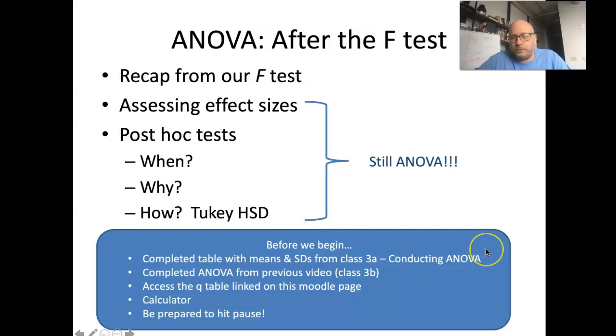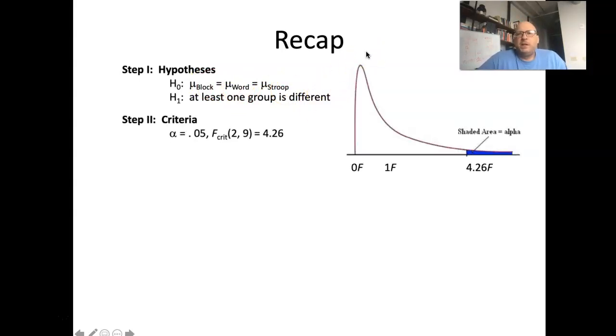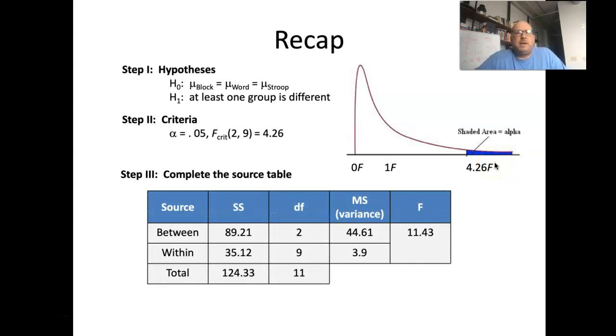So here we go. As a recap, in our test we had three groups: the block, word, and Stroop color naming conditions. The alternative is at least one is different. We used the F table to establish a critical area. In step 3, we filled in the source table.